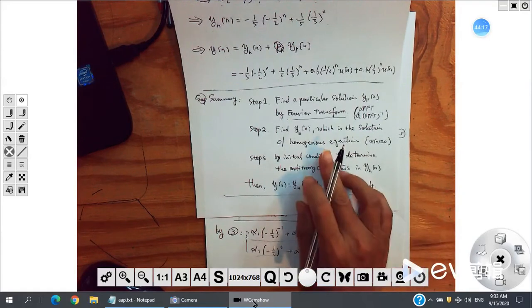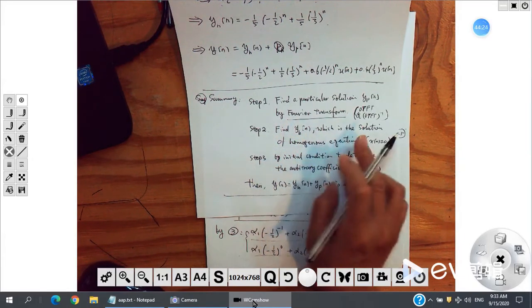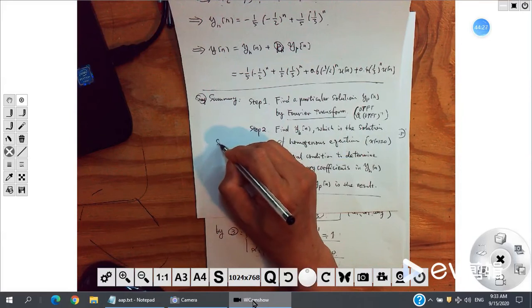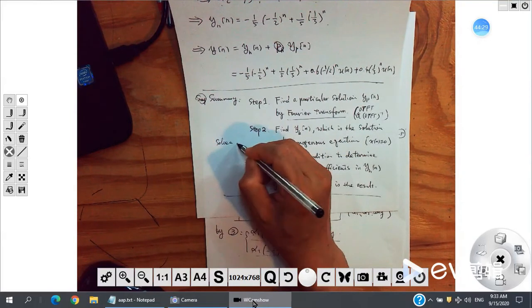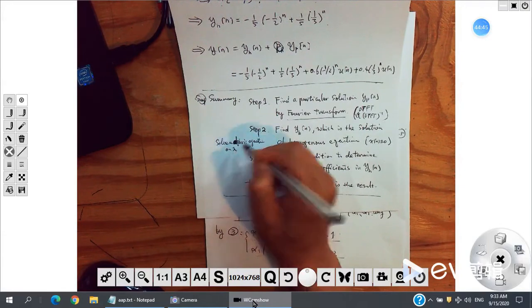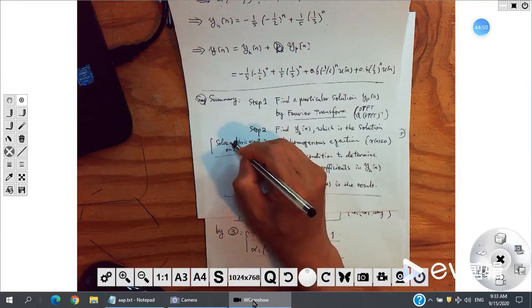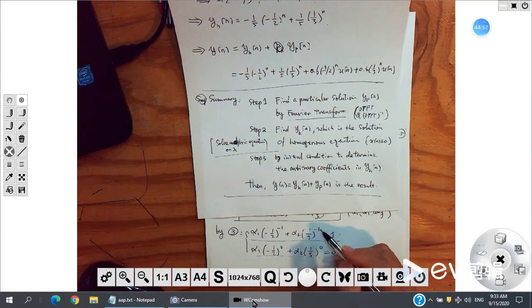And in the second part, you let Y_H equal lambda to the n, plug in, and then you need to solve an algebraic equation on lambda.